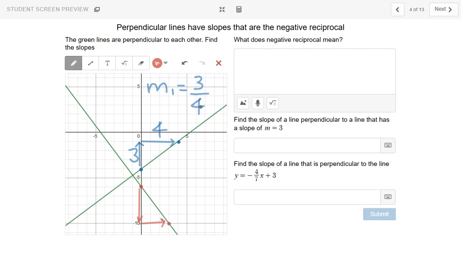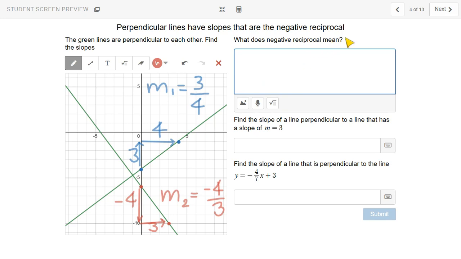So going down gives me a negative 4 and to the right a positive 3. So my second slope is negative 4 over 3. Now you notice these two slopes, they differ because the sign is the opposite and the fraction has been flipped.